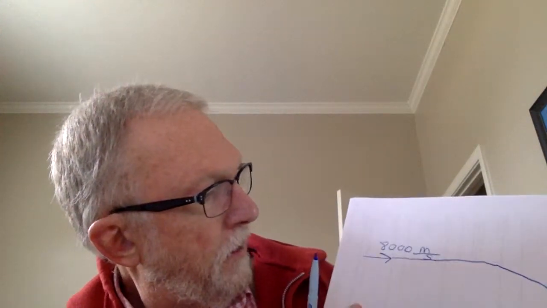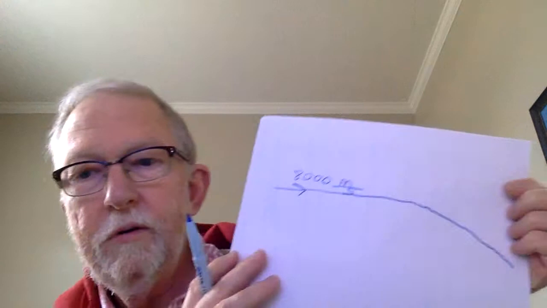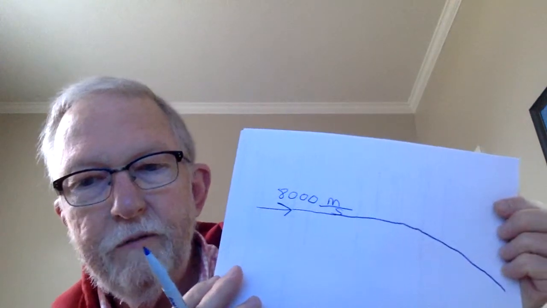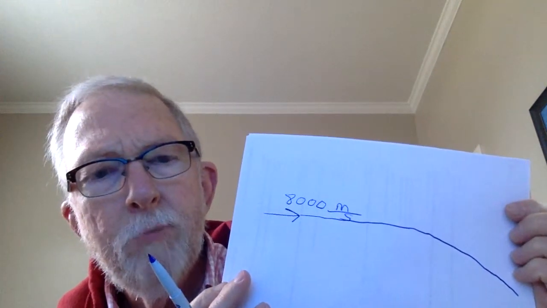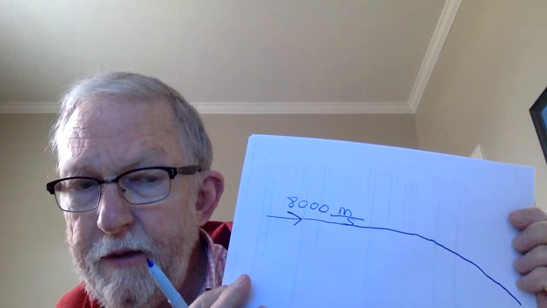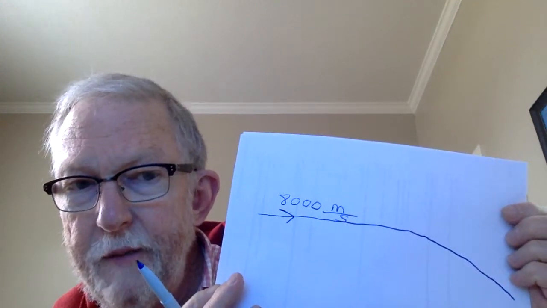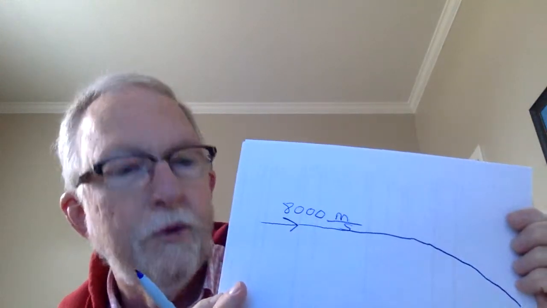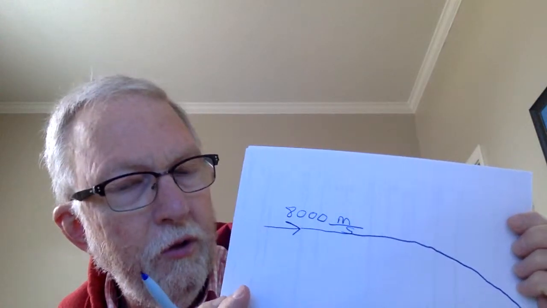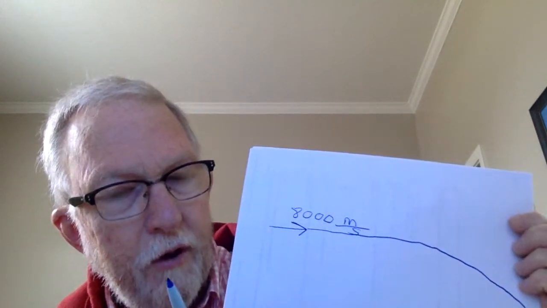There it goes. That's the horizontal velocity, which does not change, which is independent. But as soon as that cannonball is launched at 8,000 meters per second, gravity starts to pull it down towards the Earth.